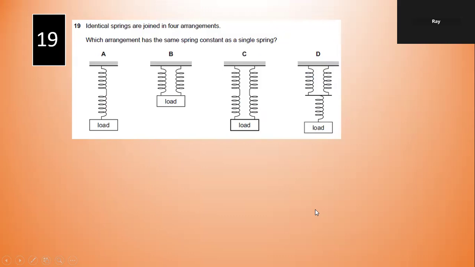How about this one? I think it's C. How do you decide it's C?